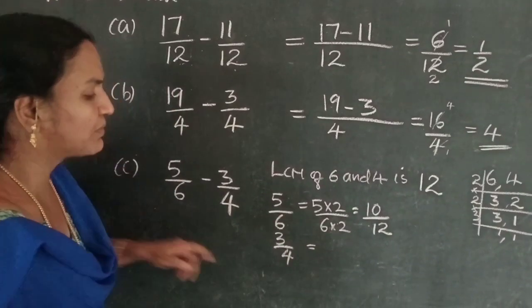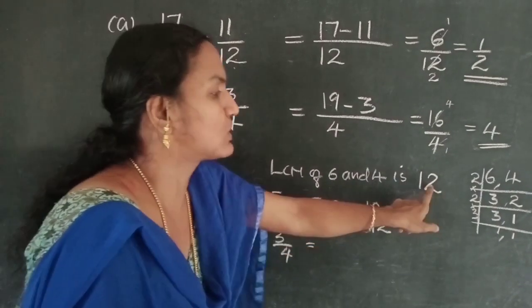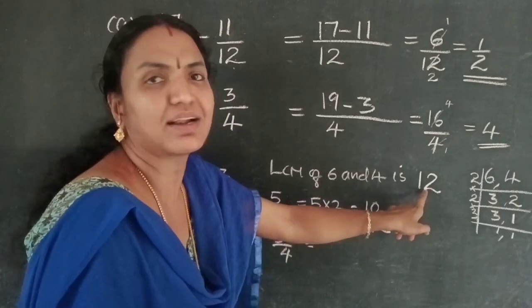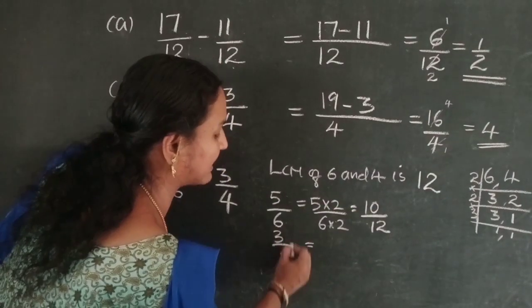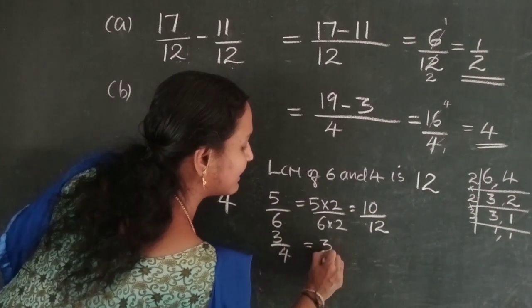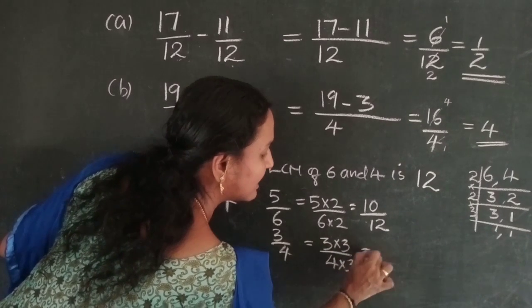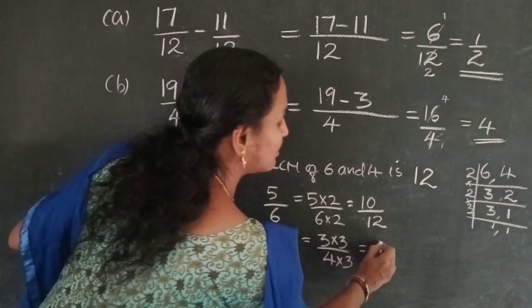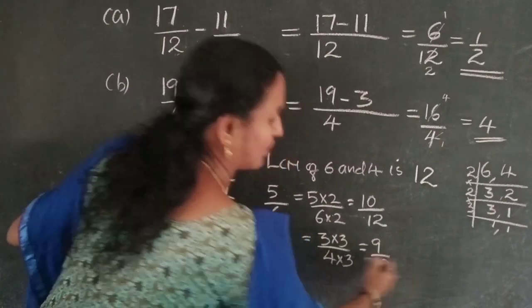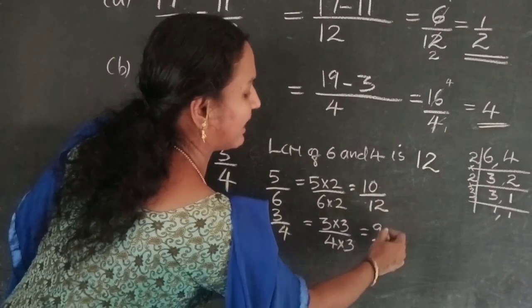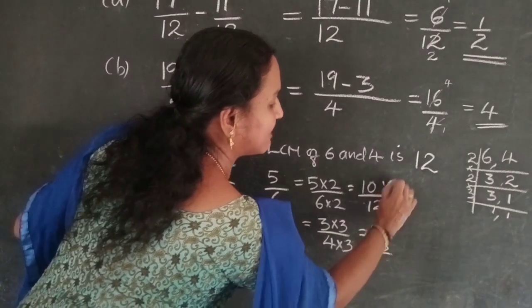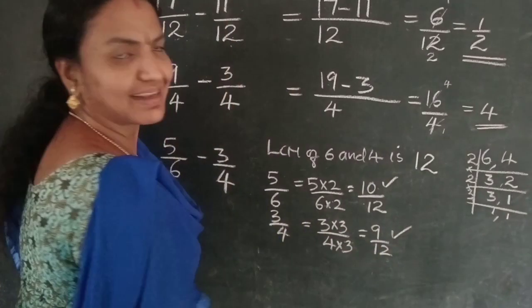How many 4s are in 12? 3 4s are 12. So multiply the numerator and denominator by 3. 3 into 3 divided by 4 into 3. 3 into 3 is 9, 4 into 3 is 12. So 10 by 12 and 9 by 12, the denominators are same, they are like fractions.